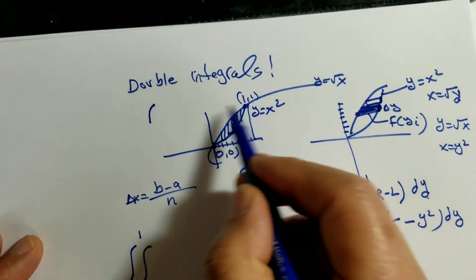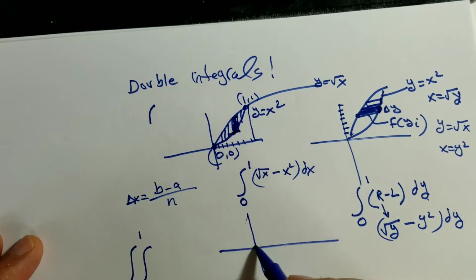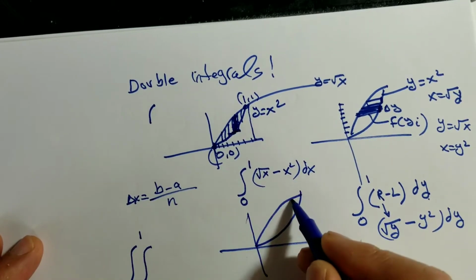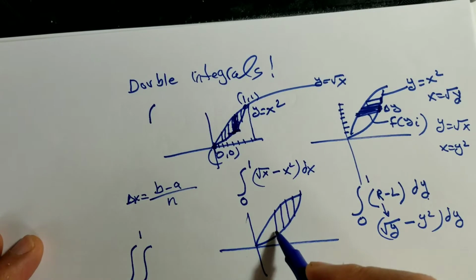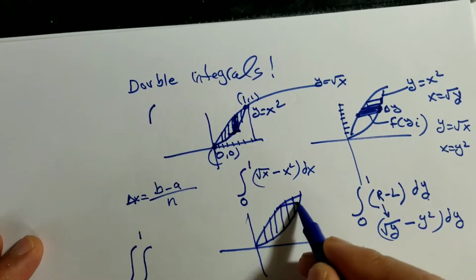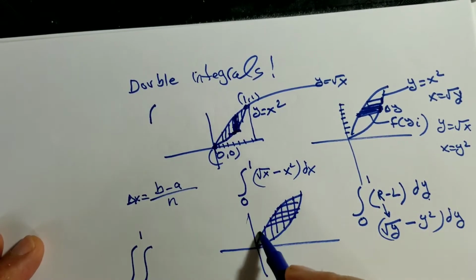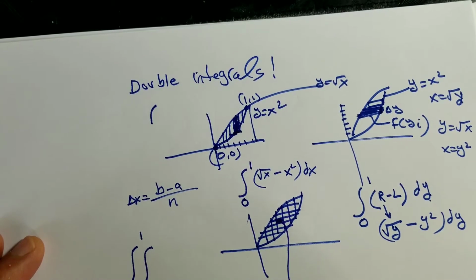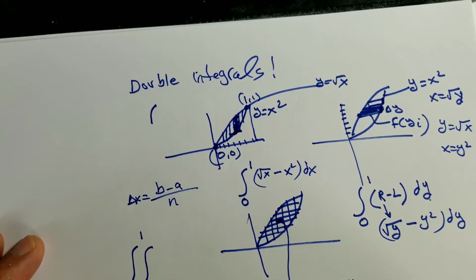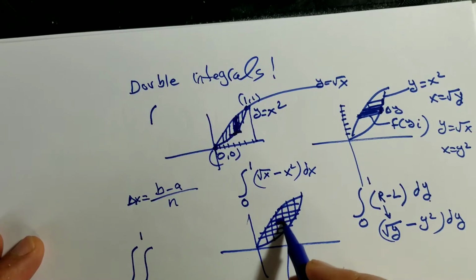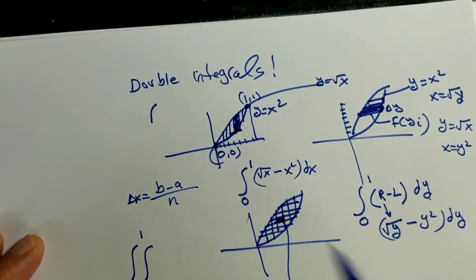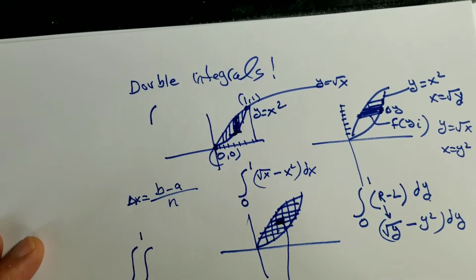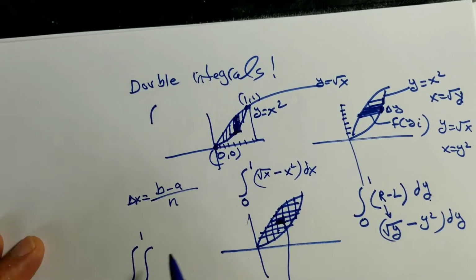And instead of dividing the region into rectangles, you divided your region into squares, and you pick one of these right here and say this is the representative one, and this is nothing except delta x times delta y, because that's a little bit of x and a little bit of y, and then you sum up all of that. Therefore, whenever you do an integration, you have to use differentials. Therefore, here I put dy dx.